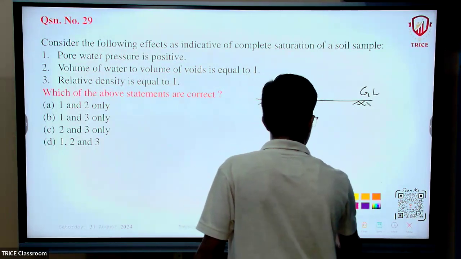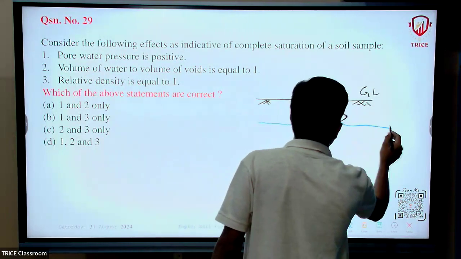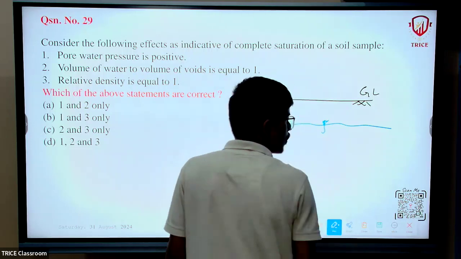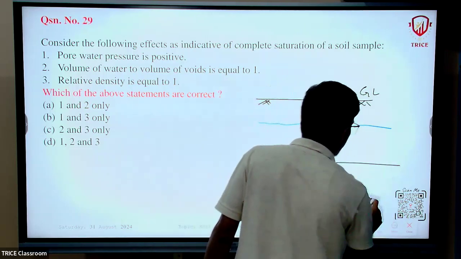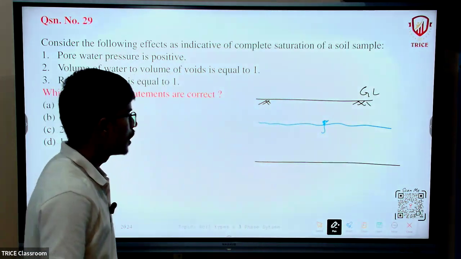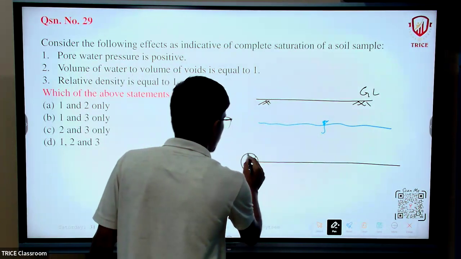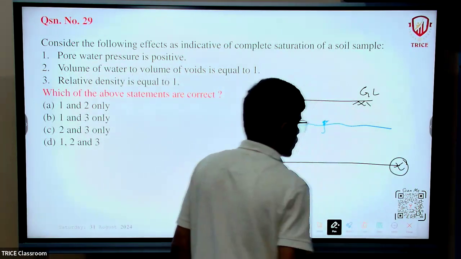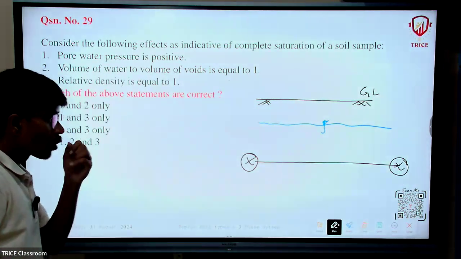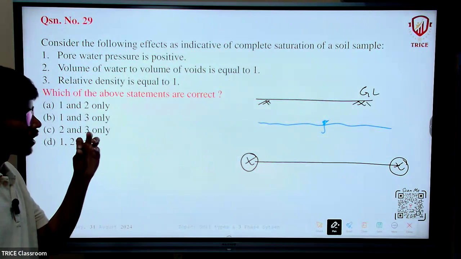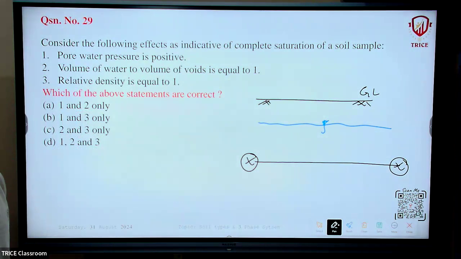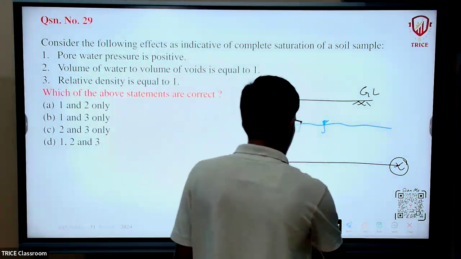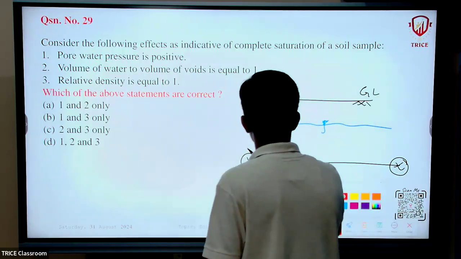Below that, at a certain depth, we have the natural water table, and we are interested in measuring the pressure at a particular depth below the ground level. At this depth, what should the pore water pressure be? To get the pore water pressure, we should know the head of the water and the unit weight of the water. The unit weight of water is always gamma w.